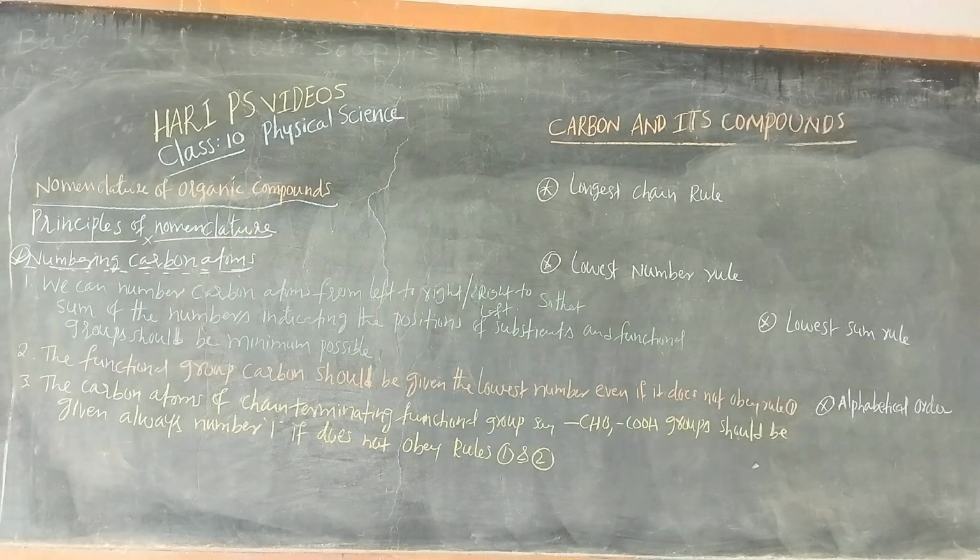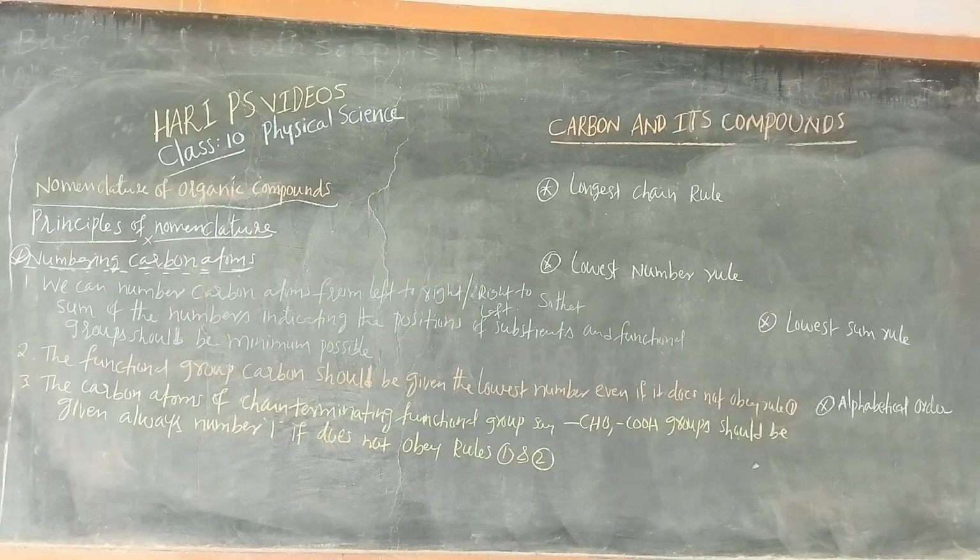Then the carbon atoms of chain terminating functional groups like aldehyde, CHO, COOH, or ketone groups should always be given number 1 if it does not obey rules 1 and 2.